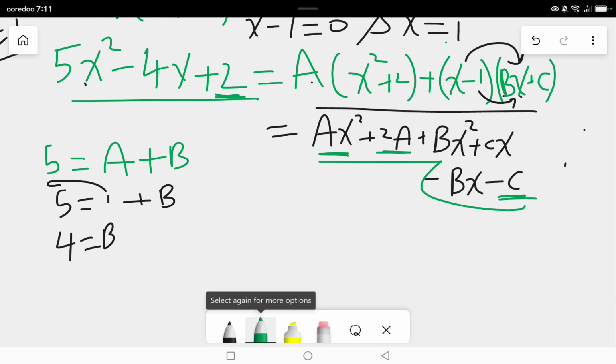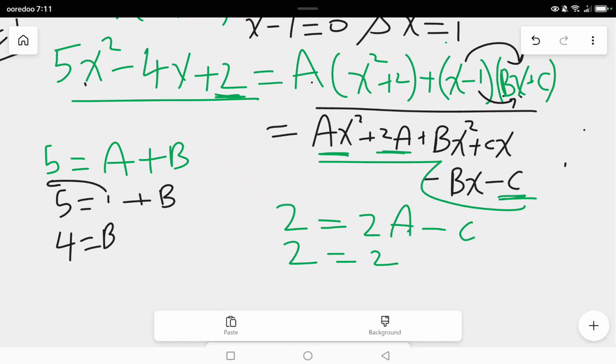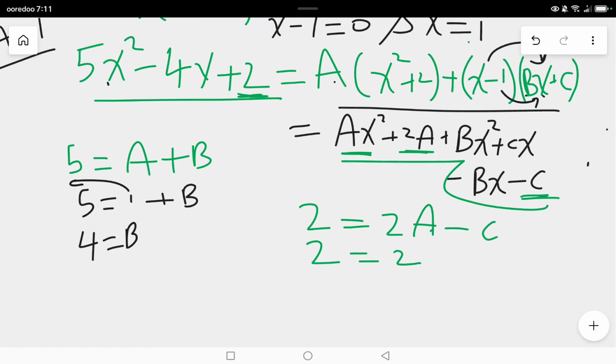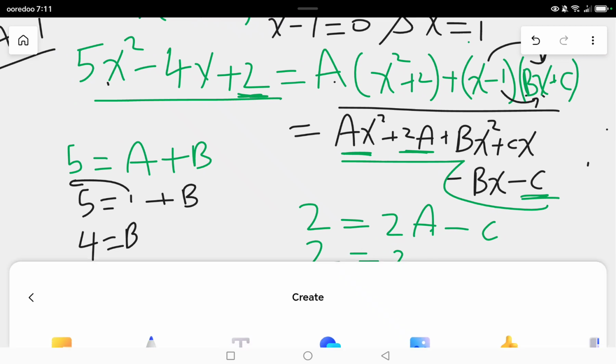So you compare 2 equal to 2a minus c. So what is a? That is 1. So 1 multiplied by 2, 2, because a is 1, we found already, minus c.